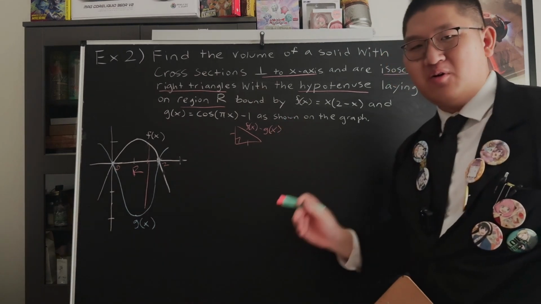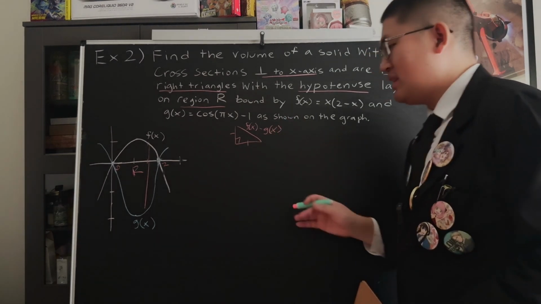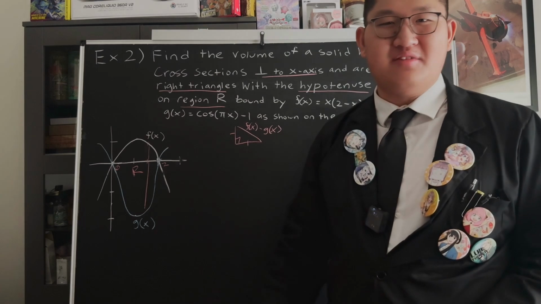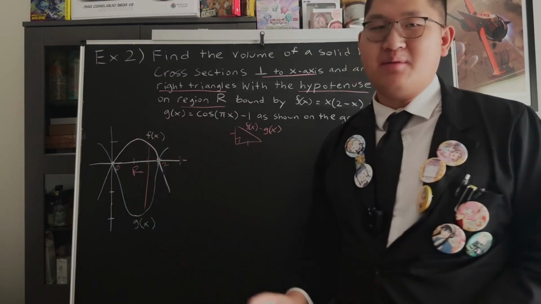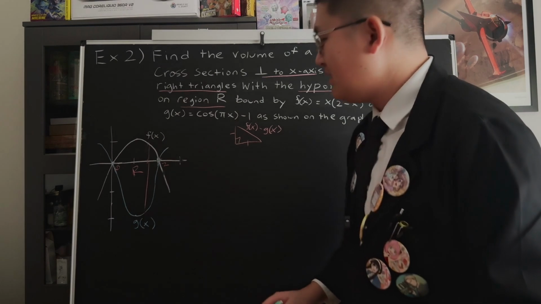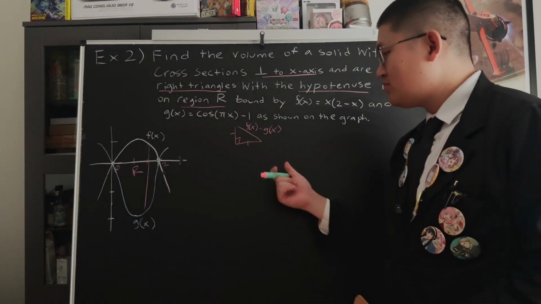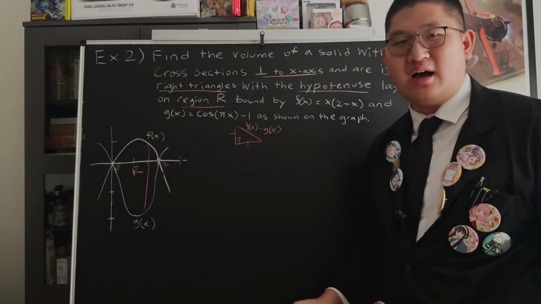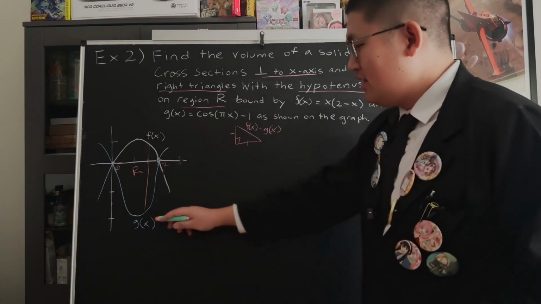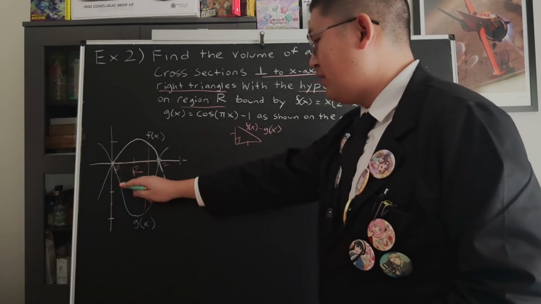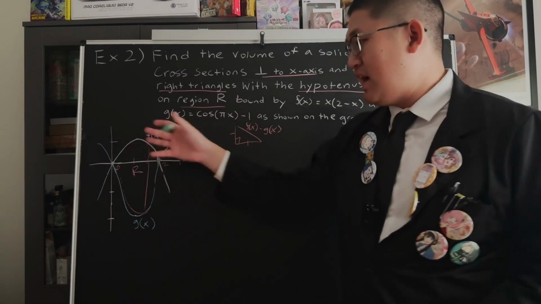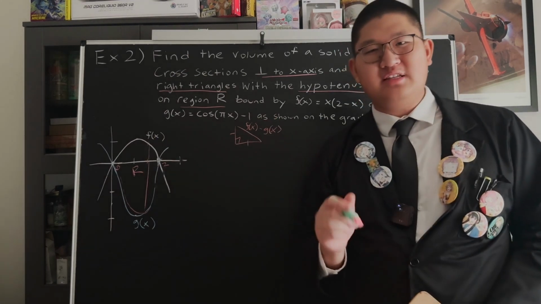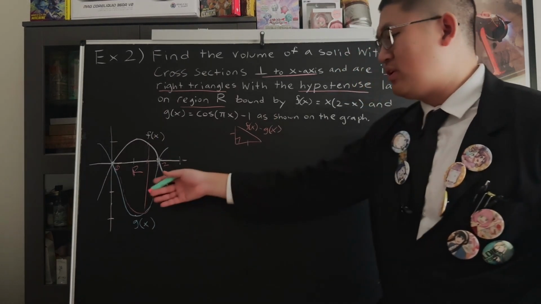And again, something to note is that some students might think, well, why are we subtracting g of x? As you can see with the example line that we drew of one of the hypotenuses, why are we subtracting g? Are we taking away the height? Well, when you think about it, g of x actually has all these points underneath the x-axis. And so if you did subtract g from f, then you're subtracting negative values, and so you are going to add to the height.